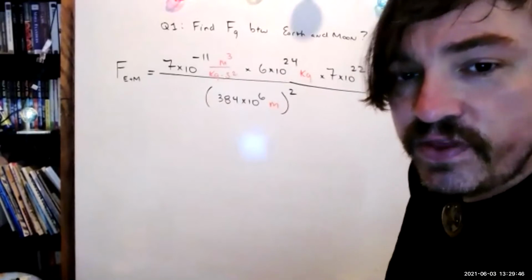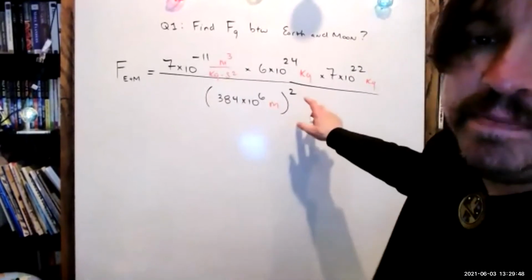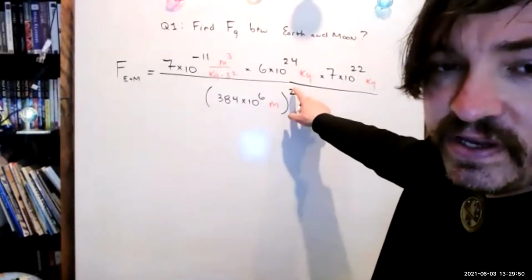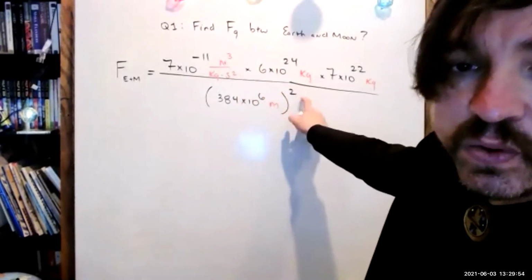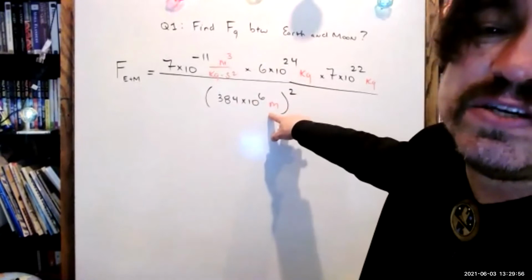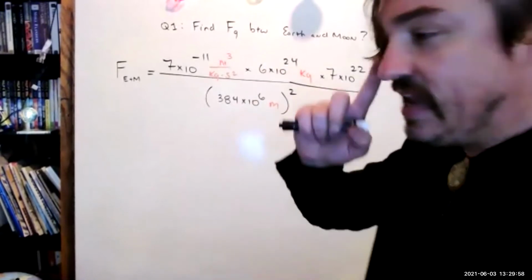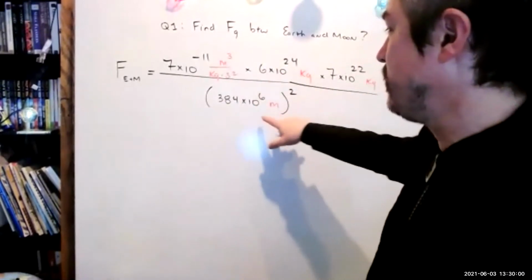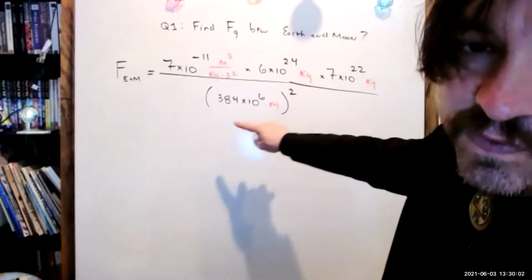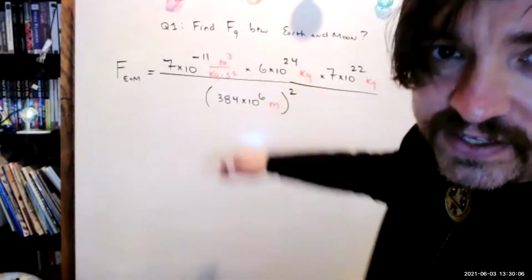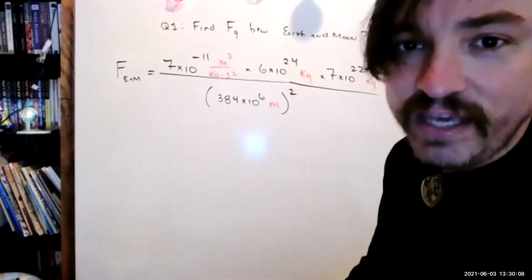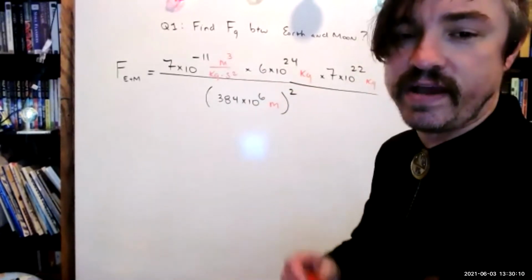The parentheses are there for bookkeeping because the square must be distributed not only to the number 384 million, but also to the units of meters. If you don't put the parentheses there, one could easily mistake this for 384 million square meters, and then you would forget to square the number. It sounds kooky, but it's good logic, okay?